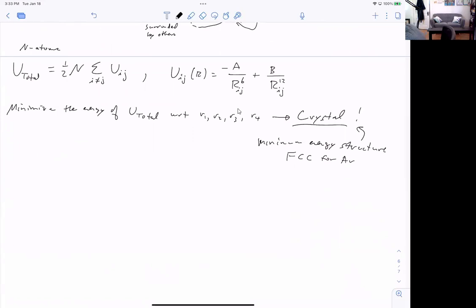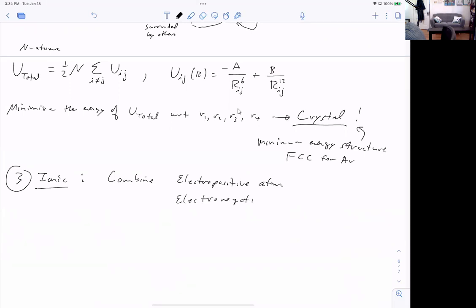And then I will talk about the third type of bonding, which is ionic. Ionic bonding is what happens when you combine, you've all heard of it, I'm sure, electropositive atoms with electronegative atoms.